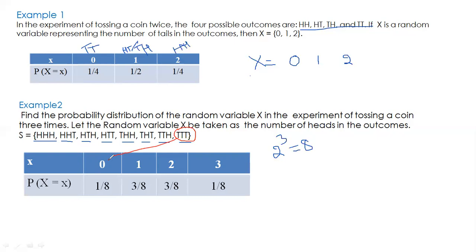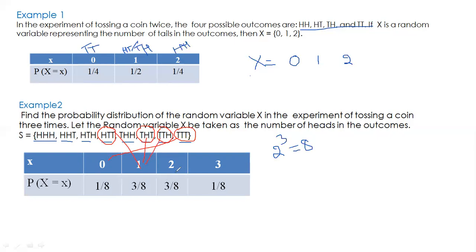And getting 1 head: head tail tail, here you are getting only 1 head. Tail head tail, here also you are getting only 1 head. Tail tail head. So in these 3 combinations you are getting only 1 head. So the respective probability is 3 by 8.